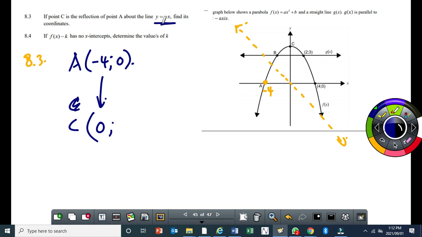If it was the line y equal to x, you just switch the x and y. So in this case, the x value becomes 0. We are reflecting this point about this line, which means the x value becomes a y value and its sign will change to become positive. So our line y equal to minus x is a line of reflection.